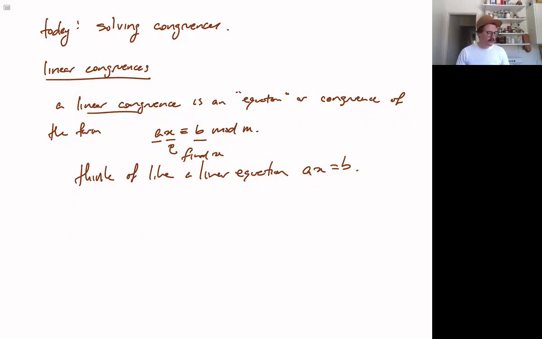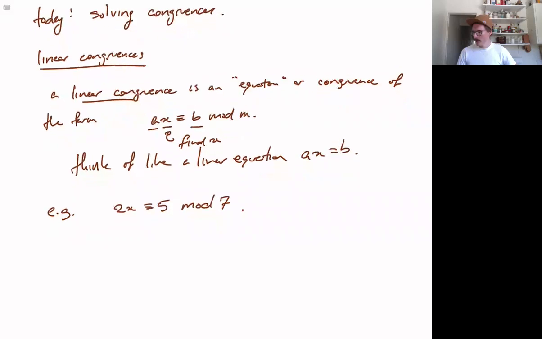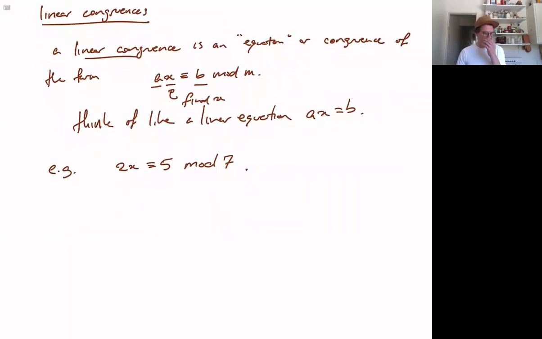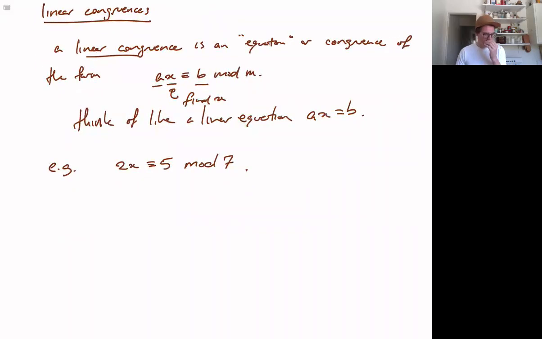So let's take a look at an example. Let's say 2x is congruent to 5 mod 7. How are we going to solve this? One way is that we can just start checking things, a brute force kind of way.